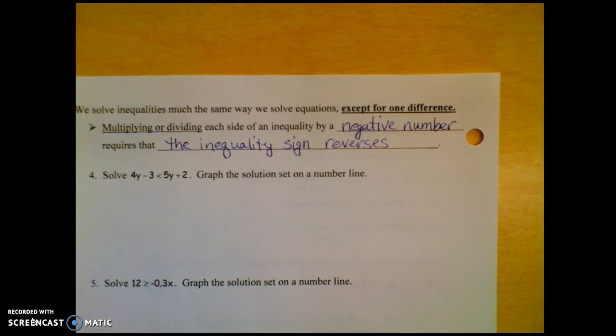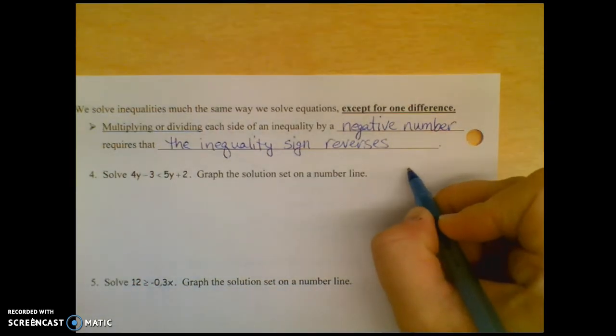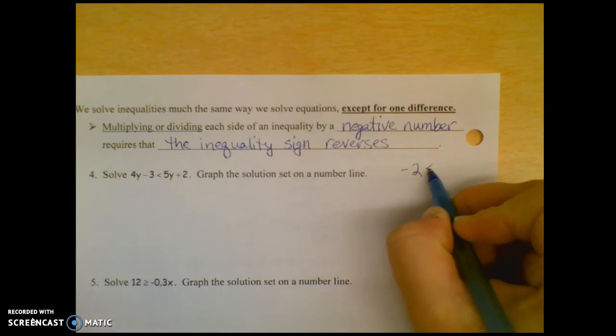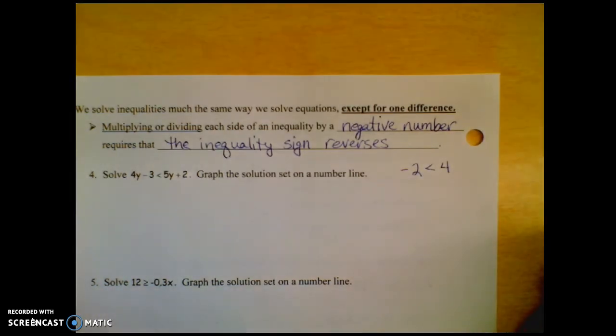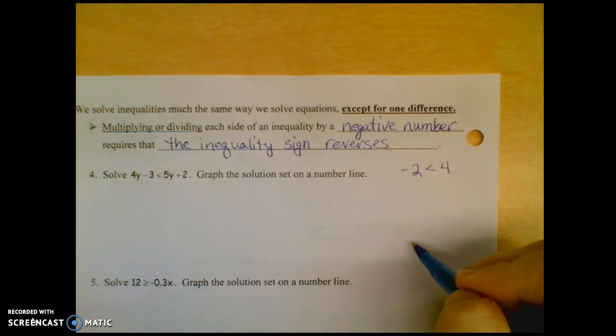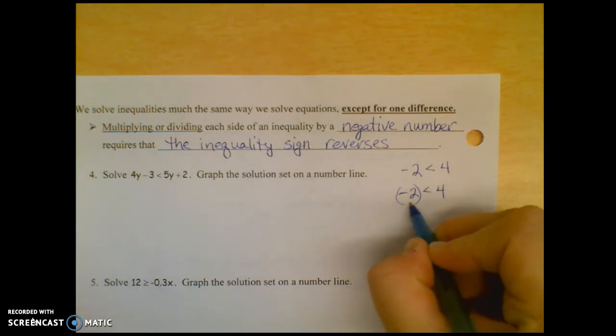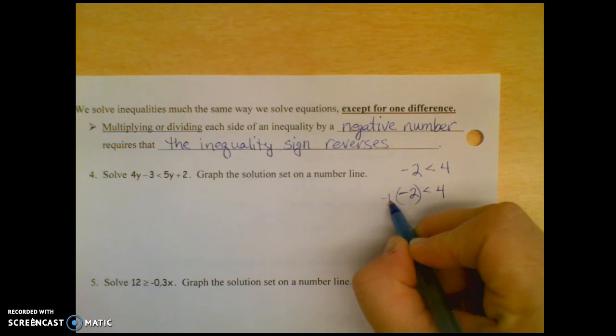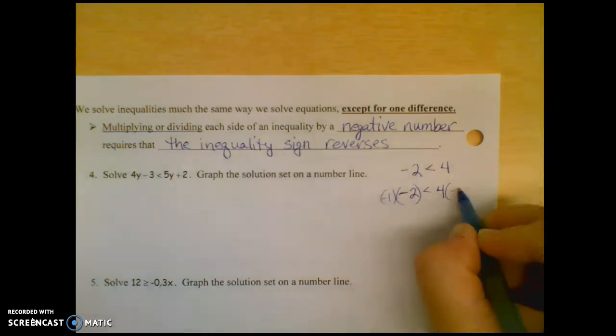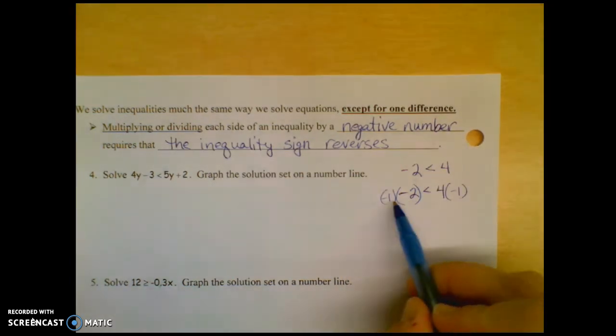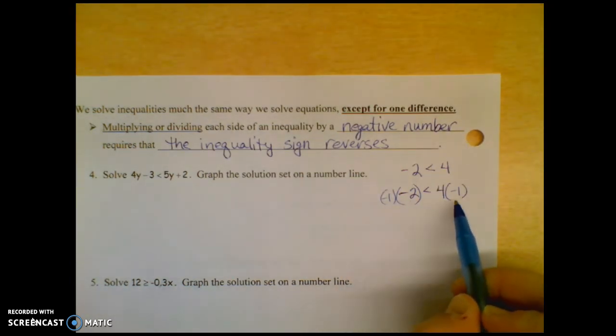So I'll give you an example with numbers. Let's say that we know a true statement like -2 is less than 4. If I were to take that and multiply each side by -1, and I can do this because I'm doing this on each side, that's a property of equality.